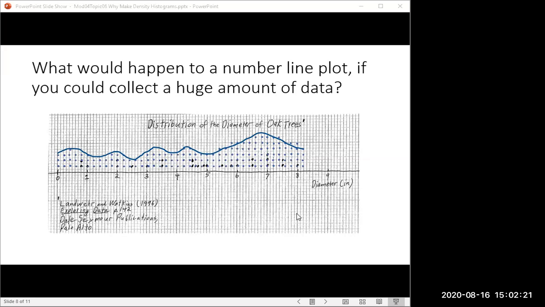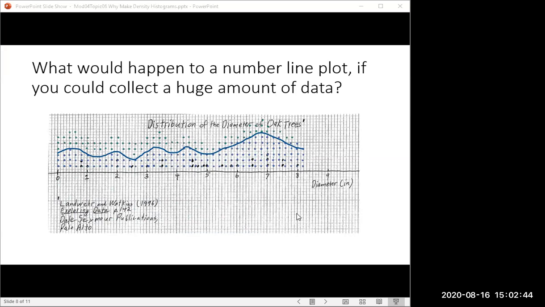The problem is, whatever formula we make, it's not going to be right, because if we collect even more data, the whole thing will just get taller, and it's not going to approach any curve that we could draw.